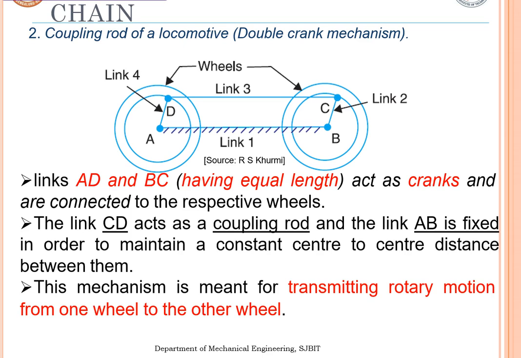This is meant for transmitting rotary motion from one wheel to the other. If one wheel is moving, the other wheel need not be given energy to move. It will be able to move very easily, and the power generated at the joint A will be transmitted to the joint B, where link AB is fixed.